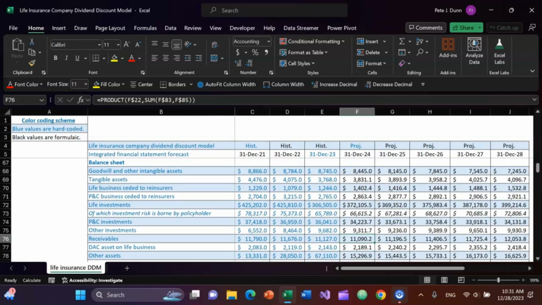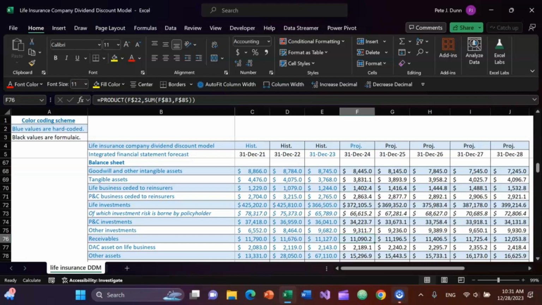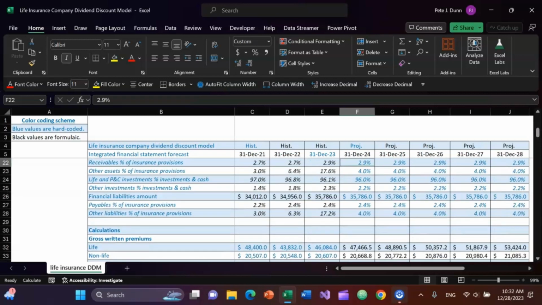Receivables are equal to an assumption times the life and property and casualty provisions, not including those that are borne by the policyholder. So I'll do Control F bracket. You can see receivables as a percentage of insurance provisions is one of the assumptions.